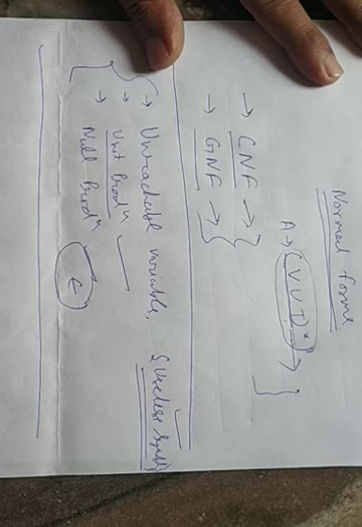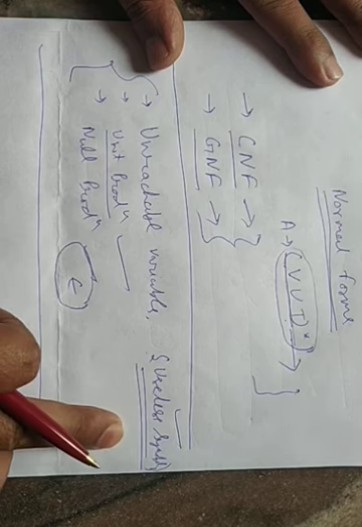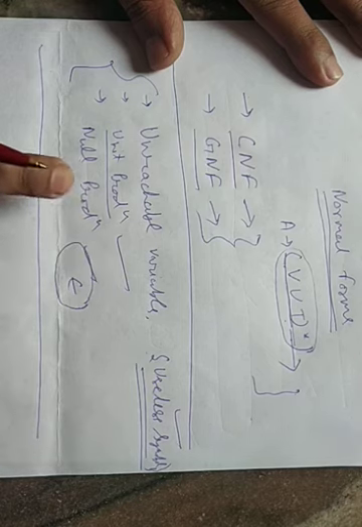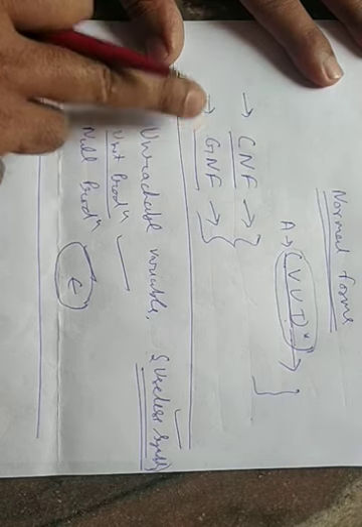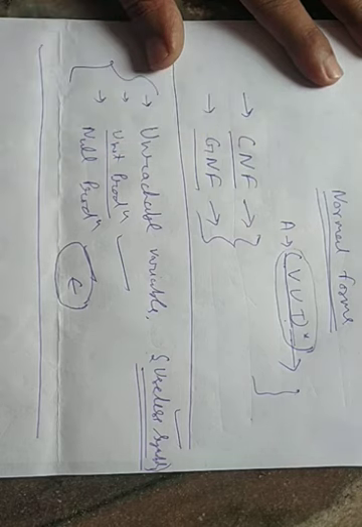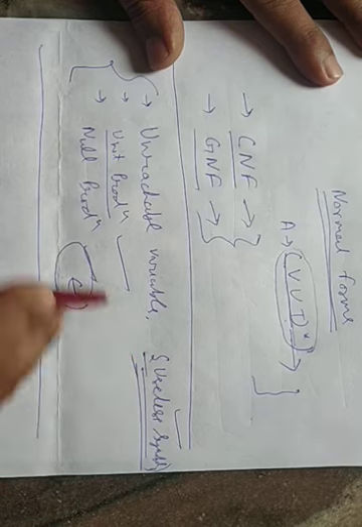It's not mandatory to follow the same order. Now we are going to focus one by one on removal of useless symbols, then unit, then null productions, and finally we'll move into CNF and GNF. So let's start with removal of useless symbols.